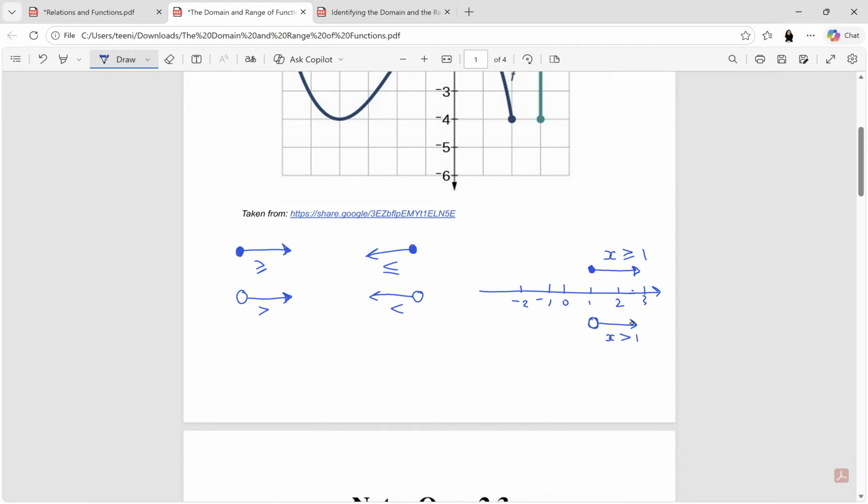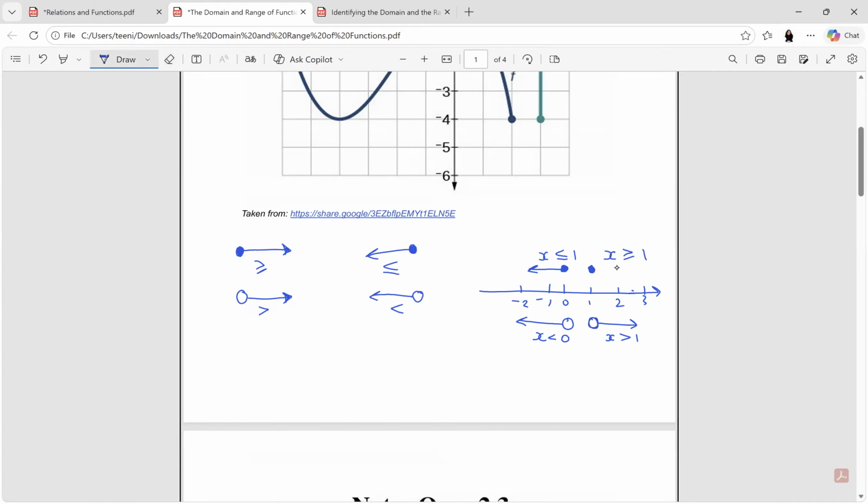So 1 is not included in the solution set here. Likewise, let's say I had a shaded circle and my arrow is pointing to the left, this would mean x is less than or equal to 1. But if I had an unshaded circle with my arrow pointing to the left, this would mean x is less than 1.